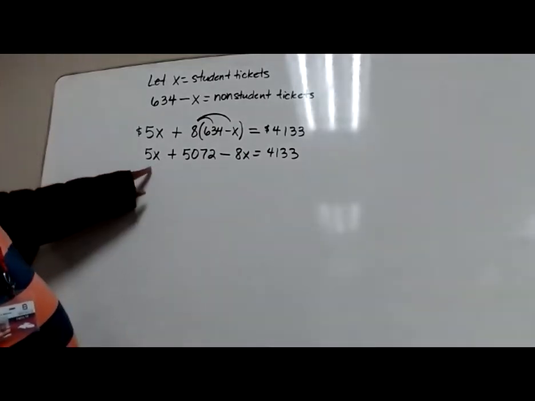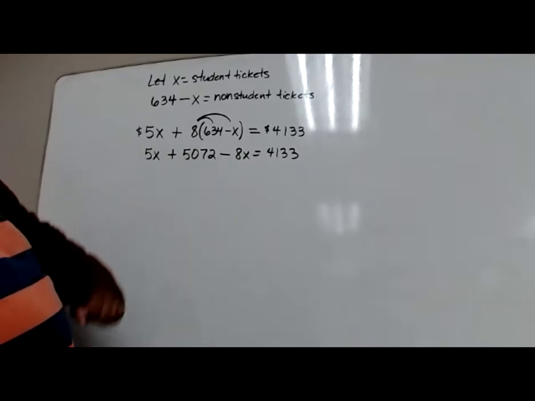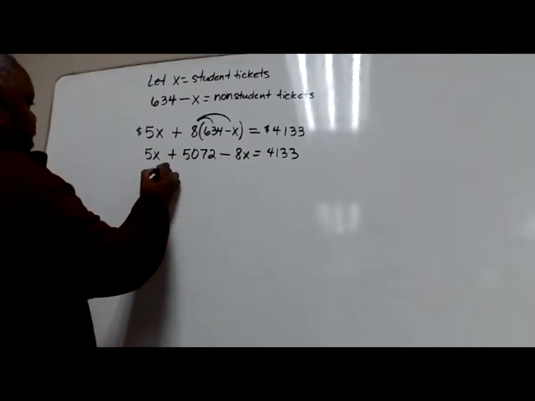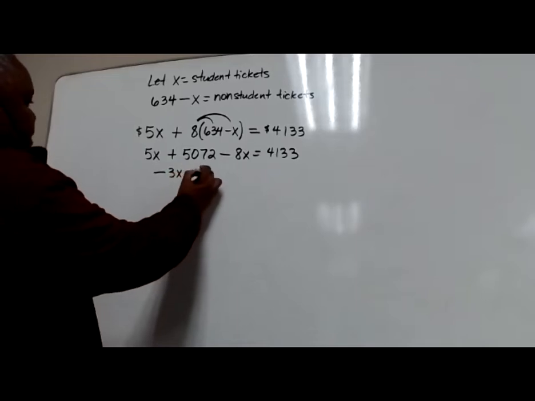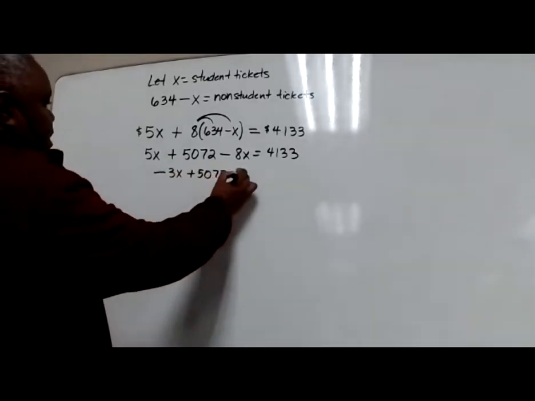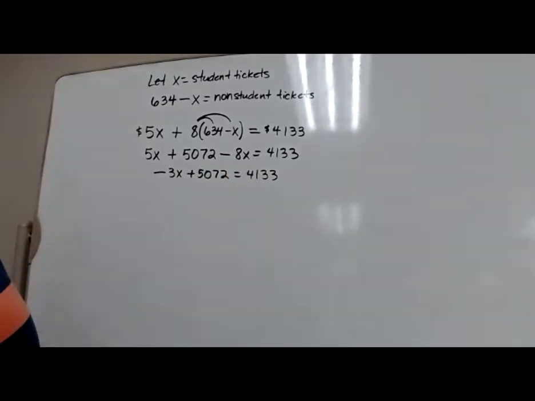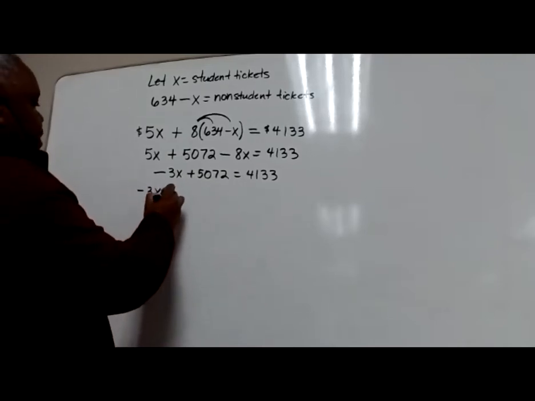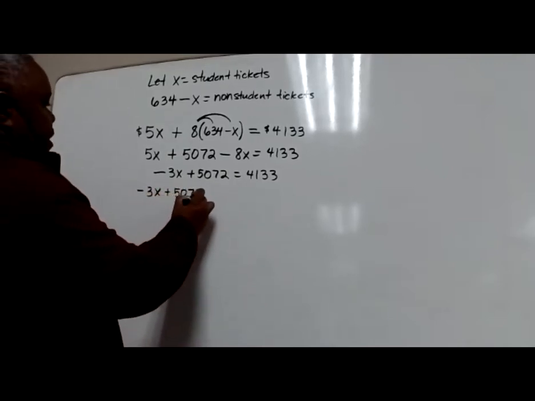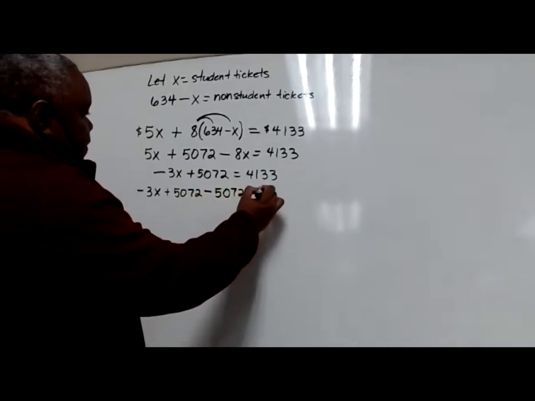And then combine like terms. 5x minus 8x is how much? -3x. So it'd be -3x plus 5,072 is equal to 4,133. And now to get -3x by itself, we're going to subtract. What will we subtract? The 5,072.